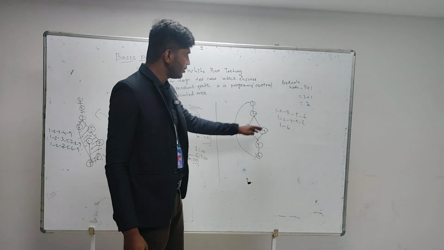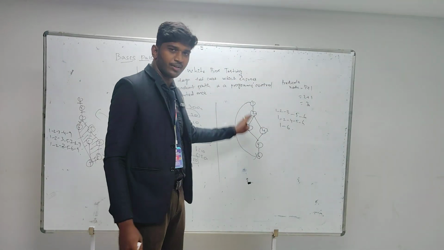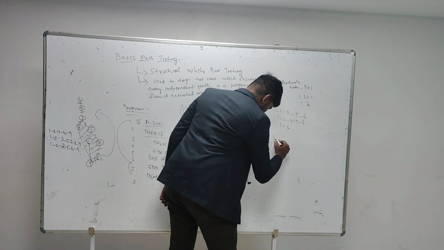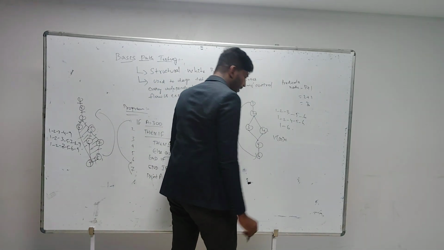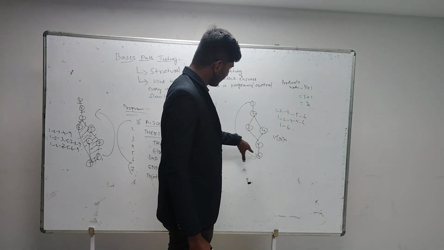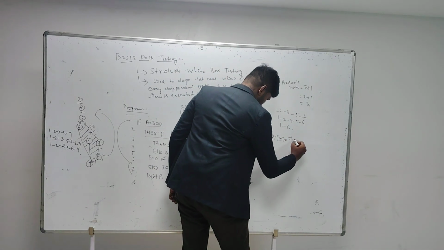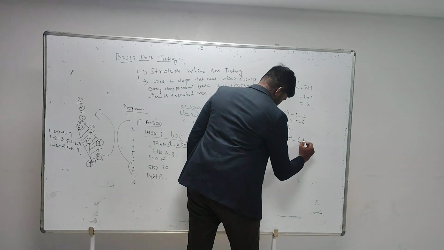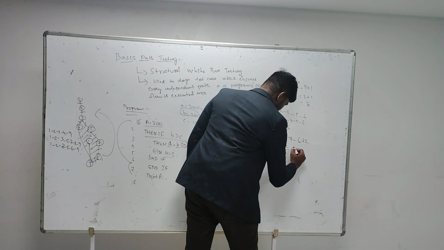Okay, so these are the three independent paths that you get from this graph, and now you have to find out the cyclomatic complexity V of G. So how many edges and how many nodes? Edges: 1, 2, 3, 4, 5, 6 and 7 edges, and there are 6 nodes in total. 7 minus 6 plus 2, so totally 3.